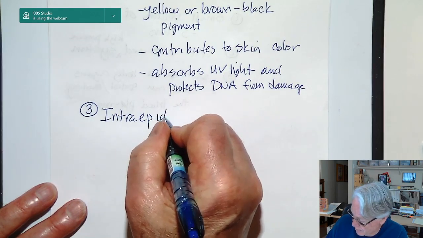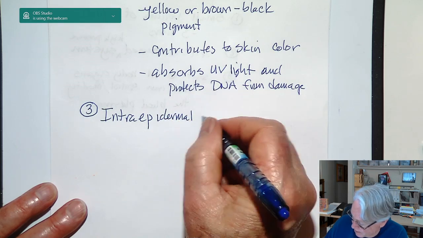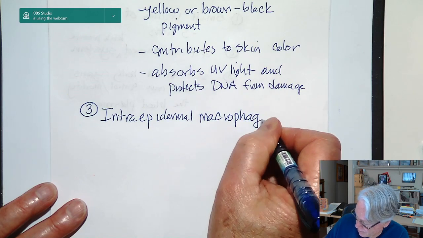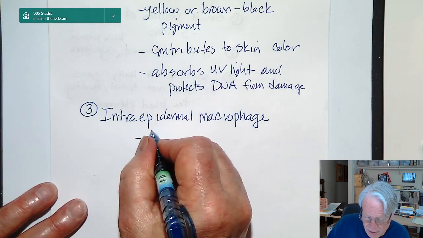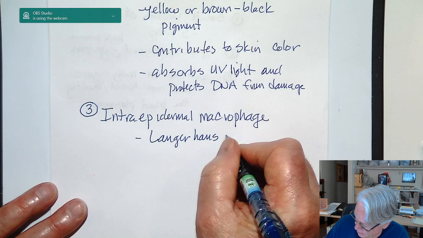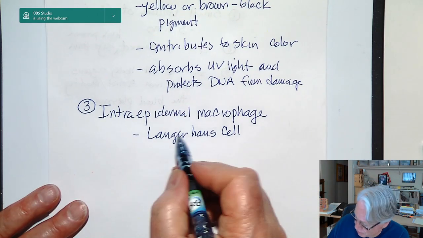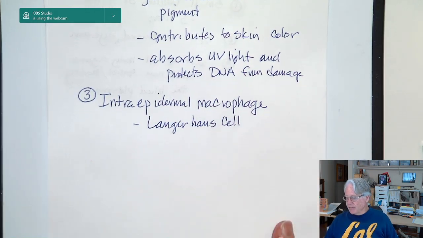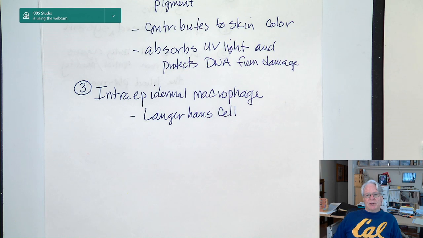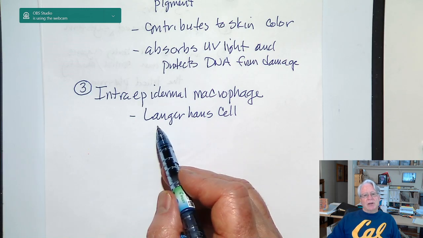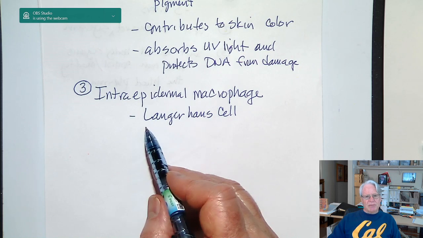The third type of cell is referred to as the intra-epidermal macrophage, also known as the Langerhans cell. Same thing. This is the older term. This is the newer term. And what's been happening in the science of naming things in the human body is that there are many, many structures which had names of the scientists who identified and described them in the literature, so they added their name.